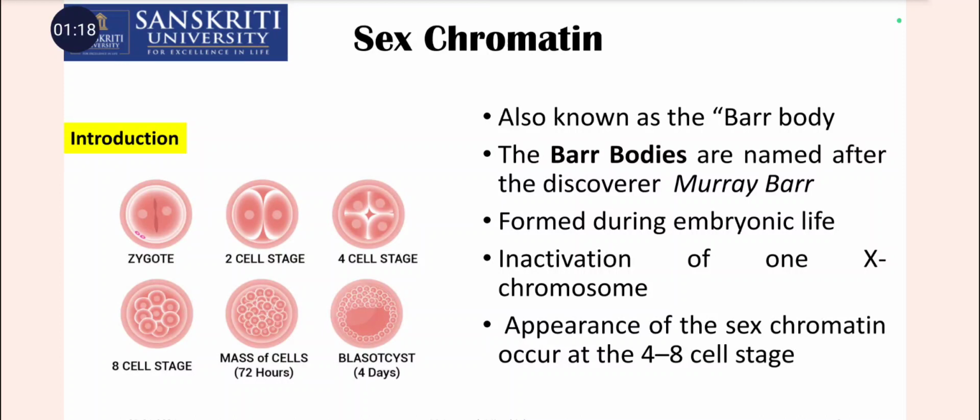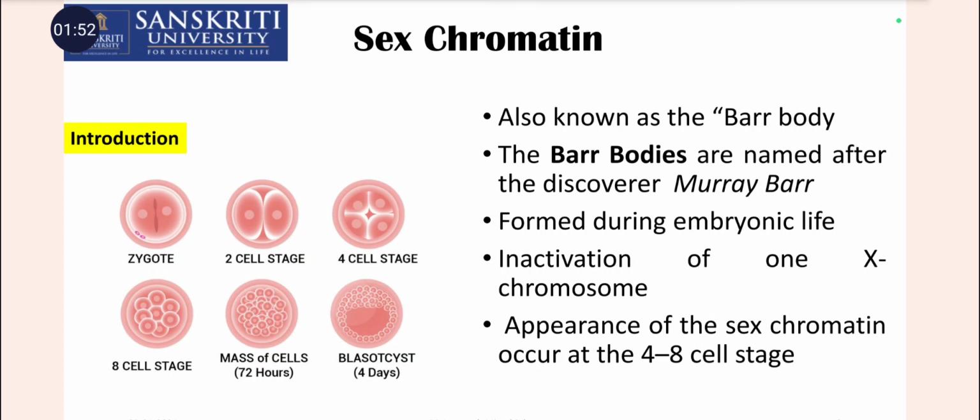Within 4 days of zygote formation, the blastocysts are formed, and the appearance of sex chromatin occurs at the stage of 4 to 8 cells. When the zygote divides from 4 to 8 cell stage, the sex chromatin starts to appear in the cell.